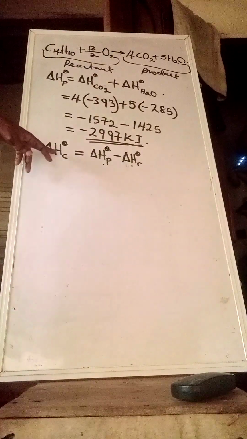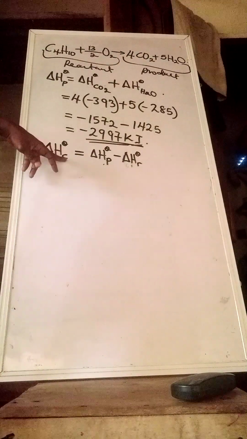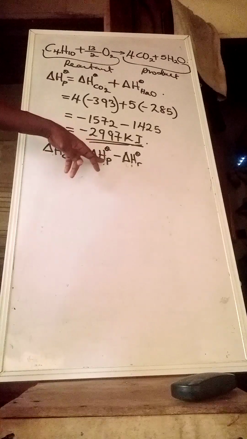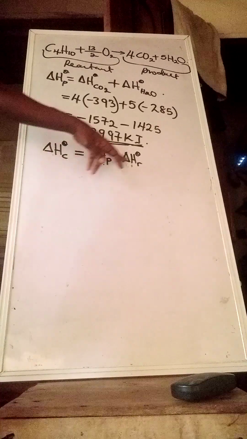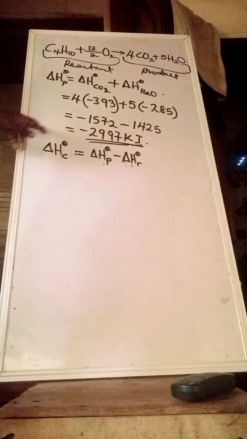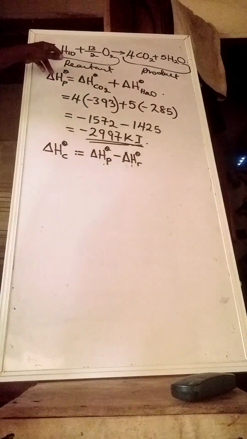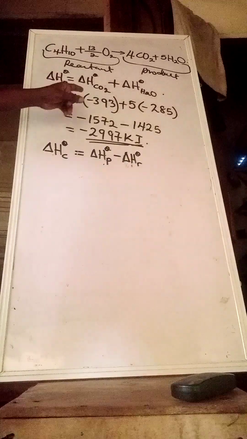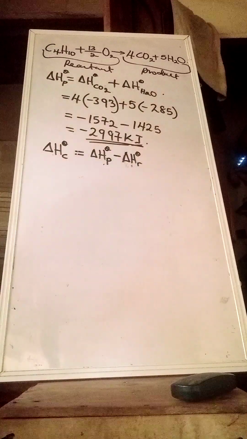That means the enthalpy change for the combustion reaction is equal to that of the product minus that of the reactant. So what are we given for the enthalpy change for the combustion of butane, according to the information we have in the question?